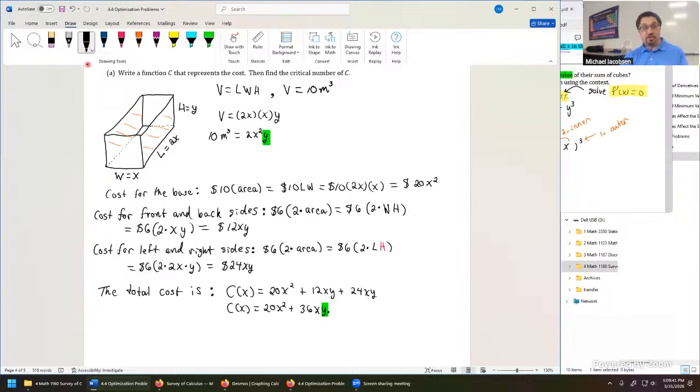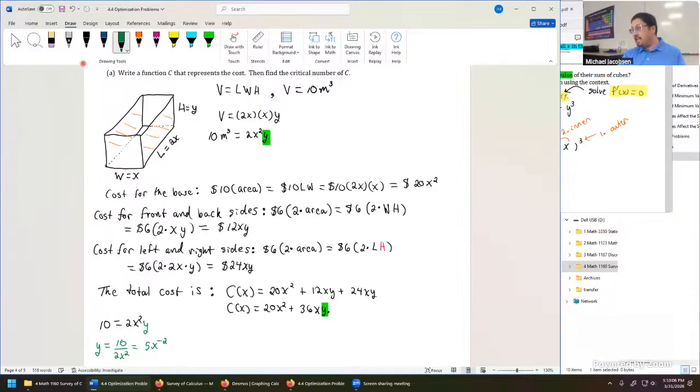So let's take another step before we finalize this function. If we have 10 equals 2x squared times y, we can solve that for y and say y equals 10 divided by 2x squared, which would be 5.